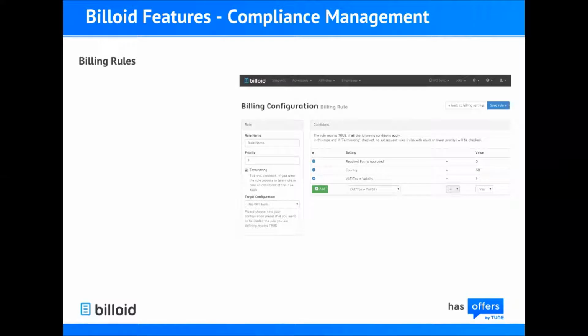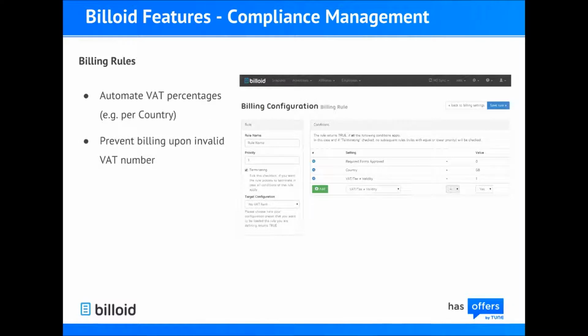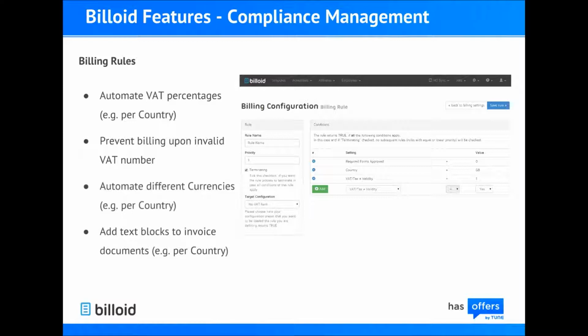Mostly these rules are being used to automate VAT percentages, prevent billing clients that do not have a valid VAT number. That's, for example, very interesting for European guys. It's also being used for automating currency usage or to add different text blocks on invoices.